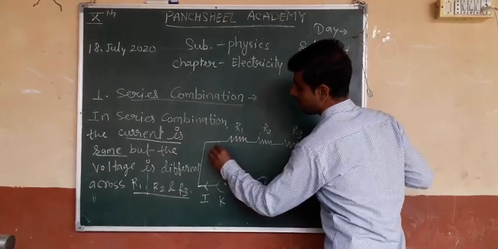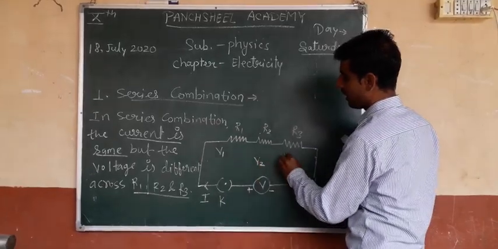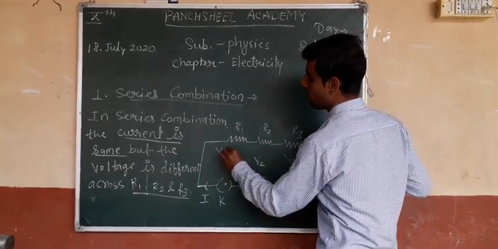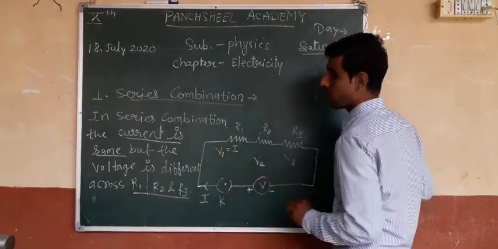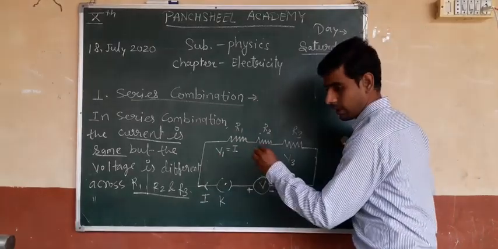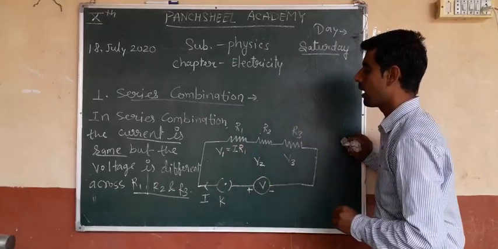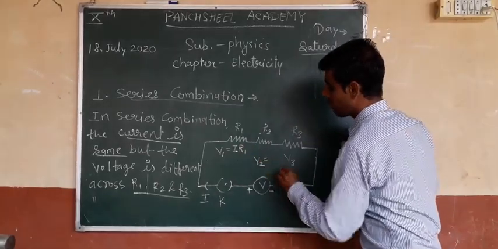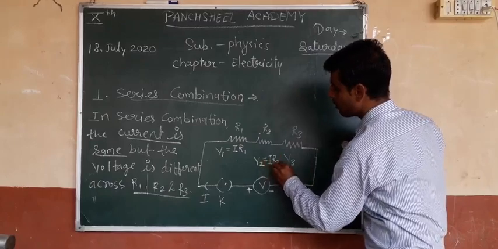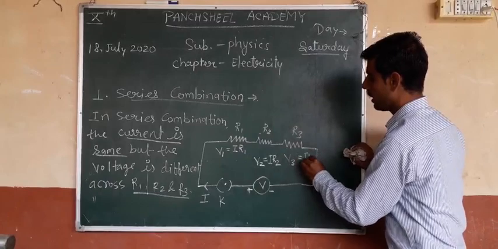Suppose V1 is the voltage here, V2 here, and V3 here. From Ohm's law, voltage equals current into resistance. So V1 equals IR1, V2 equals IR2 because the current is the same, and V3 equals IR3.